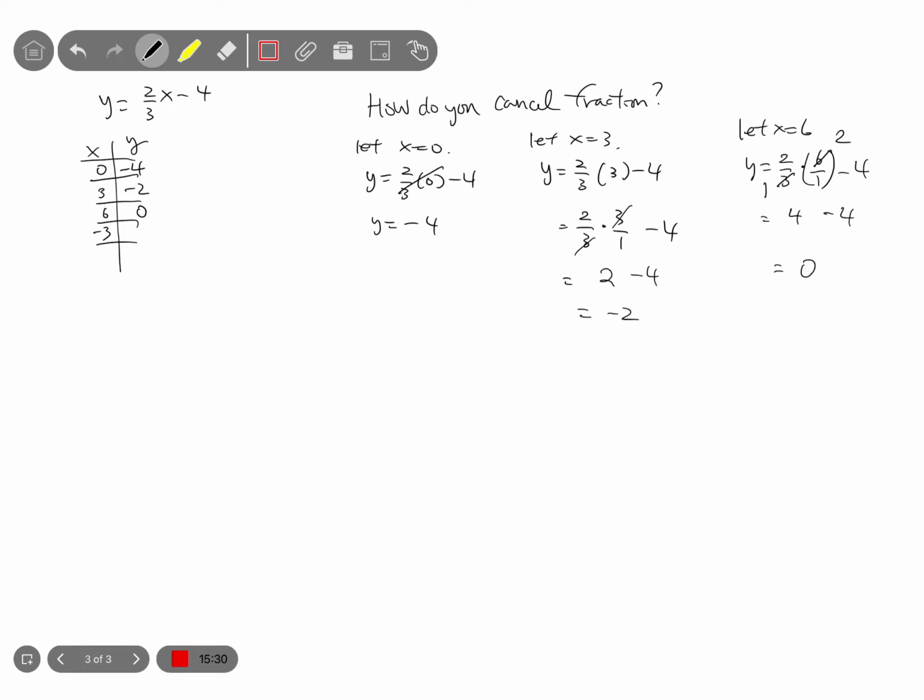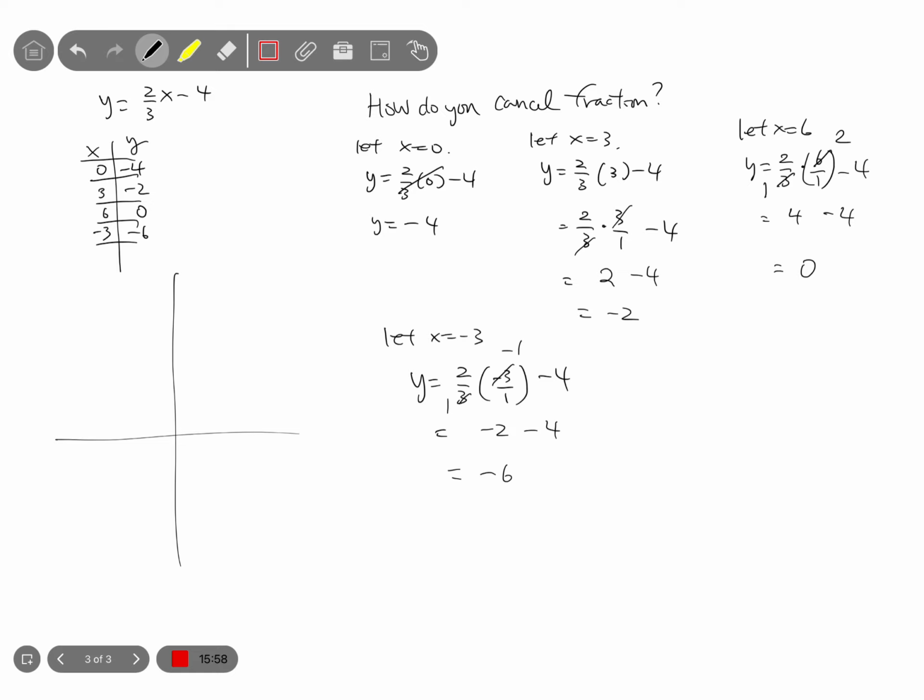Okay, once you've got the pattern down, the answers should all turn out pretty nice. Let x equal negative 3. So y equal 2/3 times negative 3 over 1, minus 4. 3 goes into 3 one time, goes into negative 3 negative 1 time. So 2 times negative 1 is negative 2, and we have a minus 4, which gives us a negative 6.